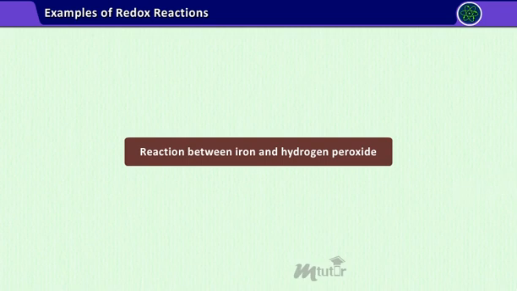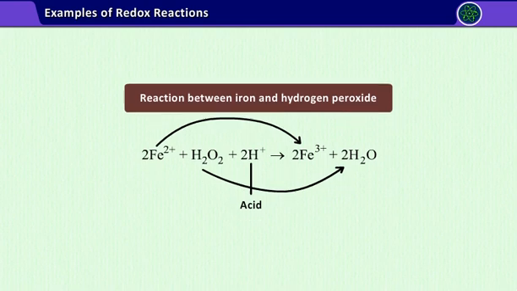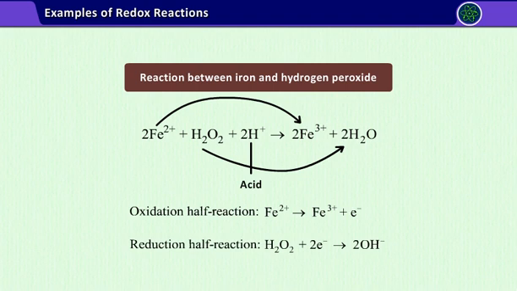Finally, the reaction between iron and hydrogen peroxide, where Fe2+ is oxidized to Fe3+ by hydrogen peroxide, when an acid is present. Thus, the hydroxide ion formed from the reduction of hydrogen peroxide combines with the proton, donated by the acidic medium to form water. So now you have a clear understanding of redox reactions, that is oxidation and reduction reactions.